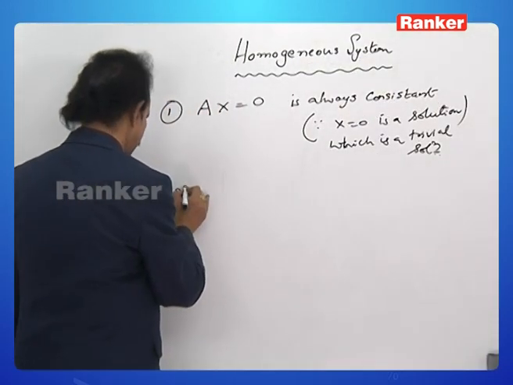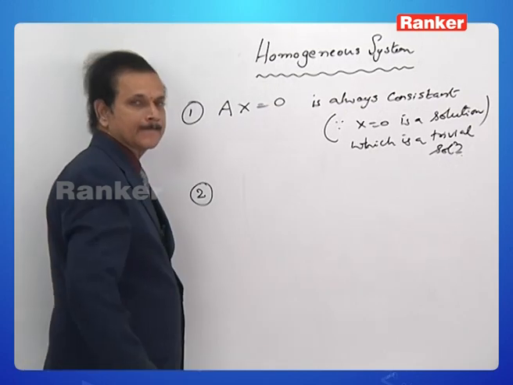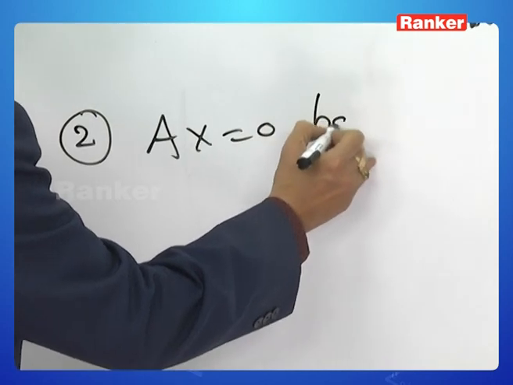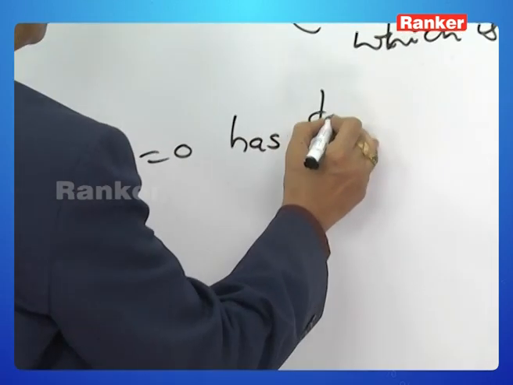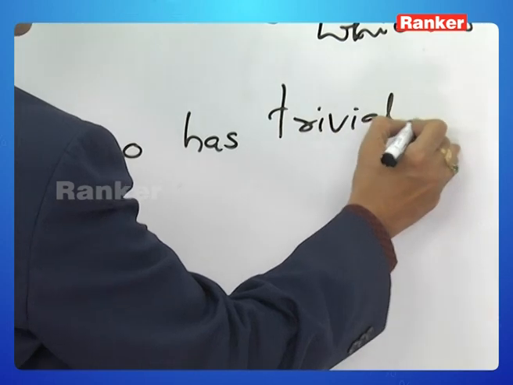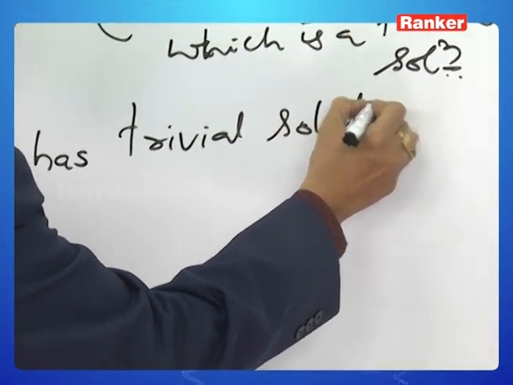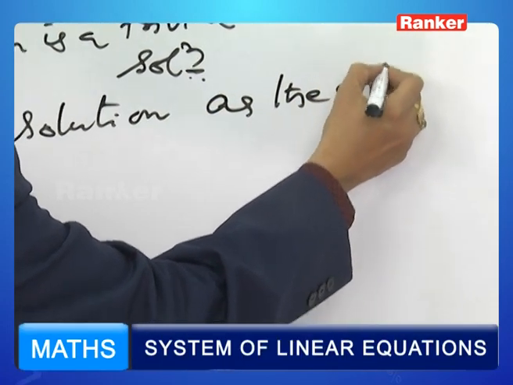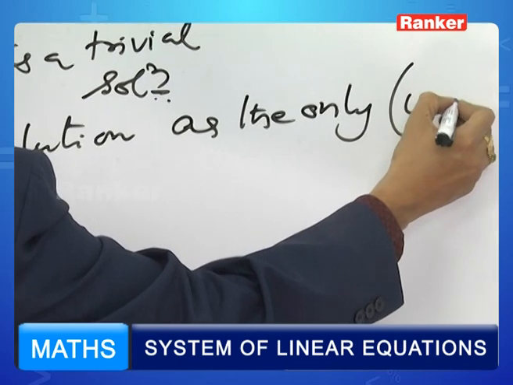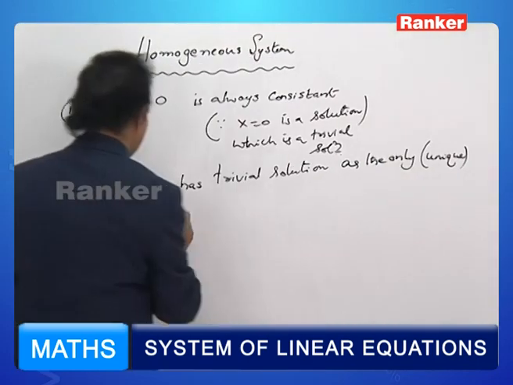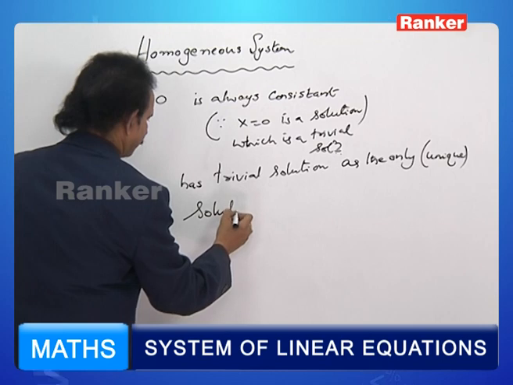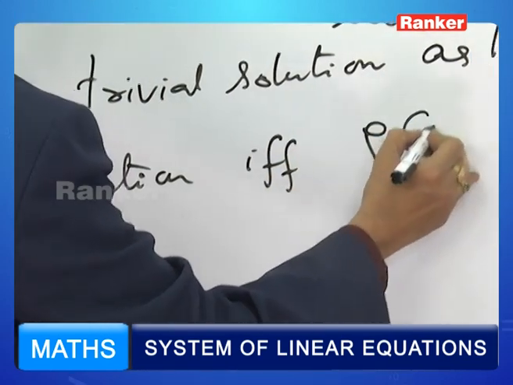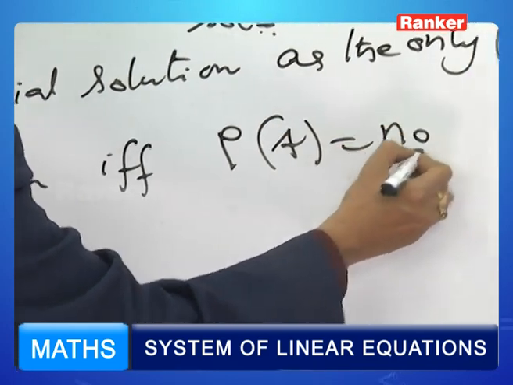Second one, AX is equal to 0 has trivial solution as the only solution if rank of A is equal to number of variables.